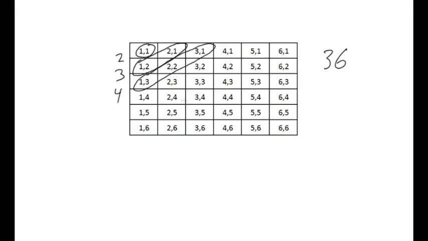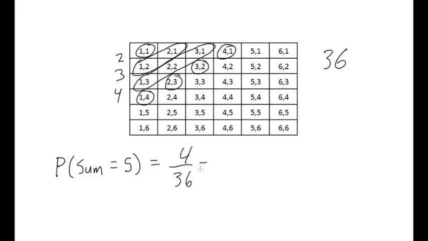So each diagonal will always add to give us the exact same sum. So if we wanted to know, for example, the probability of rolling a sum of 5, we could just count the ones that add to 5. So that's 1, 4, 2, 3, 3, 2, and 4, 1. So there are 4 of those out of the 36, which would reduce to 1.